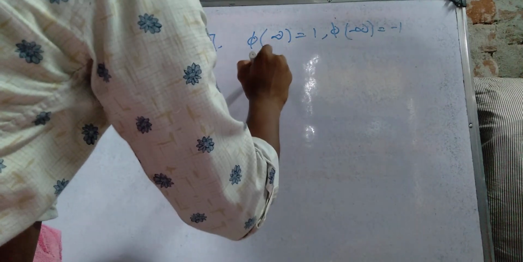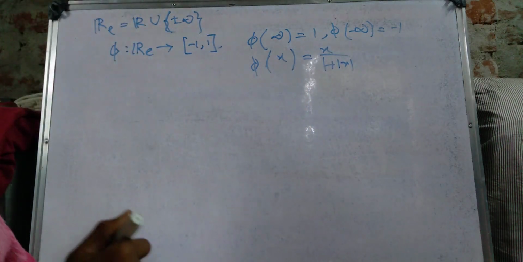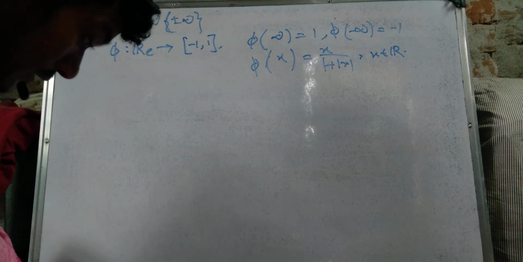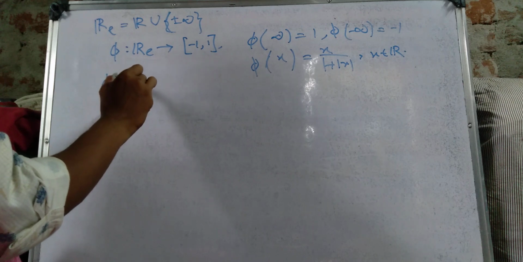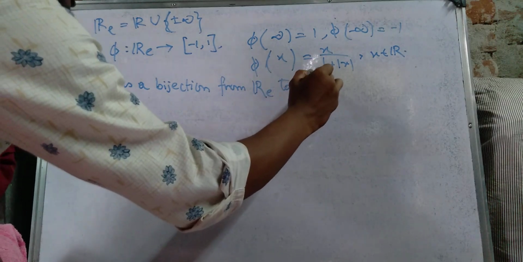Now we discuss about R-bar equals R union plus and minus infinity, and phi from R-bar to minus 1, 1 such that phi of infinity equals 1, phi of minus infinity equals minus 1, and phi of x equals x by 1 plus mod x, x belongs to R. Then this phi is a bijection from R-bar to minus 1 to 1.